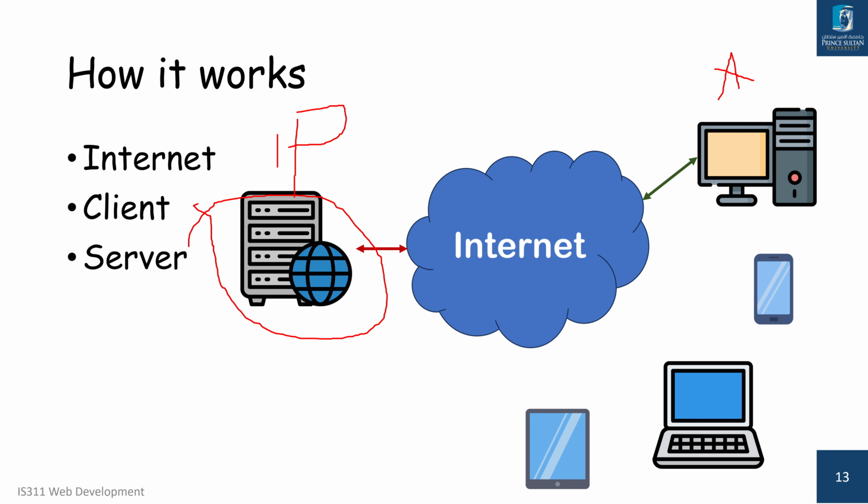IP identifies the computers on the network. TCP establishes the connection, and hypertext transfer protocol transfers those web pages between the two computers. So these three are the backbone of the World Wide Web. Okay.